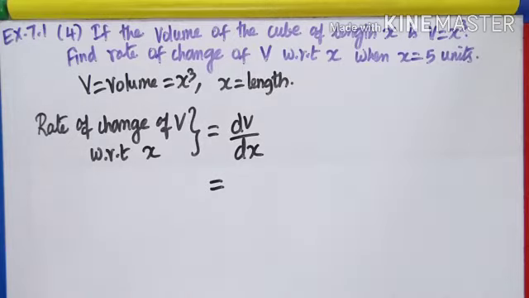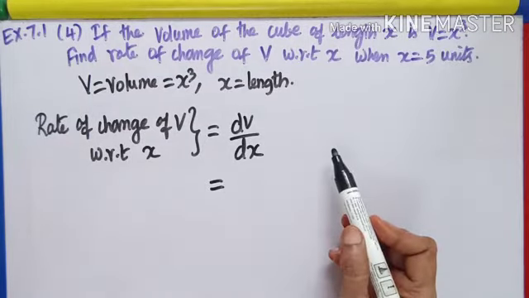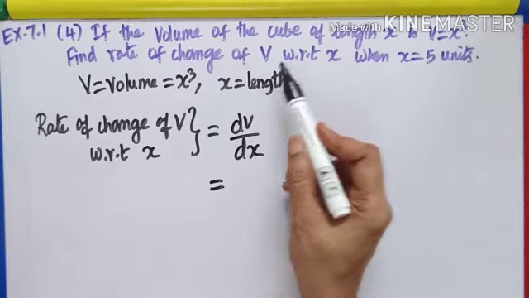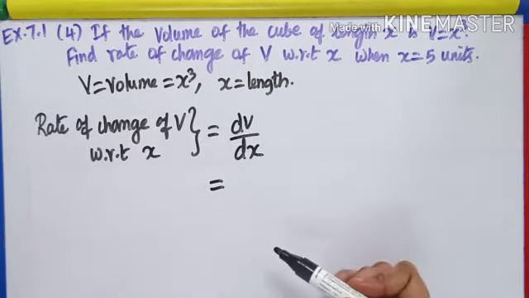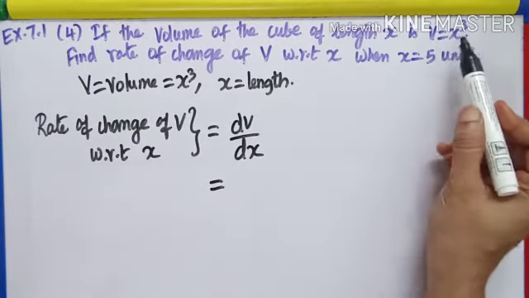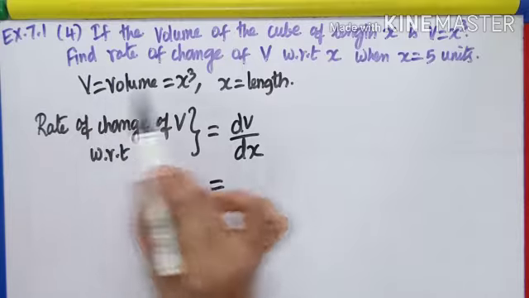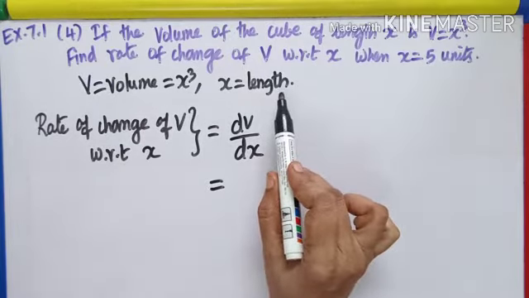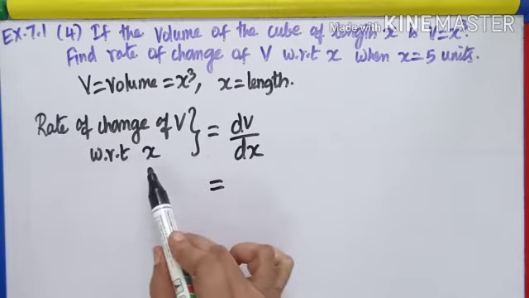Question number 4. If the volume of the cube of length x is V equals x cube, find the rate of change of volume with respect to x when x is equal to 5 units. V equal to x cube is the equation given, where V is the volume and x is the length of it. Rate of change of volume with respect to x.